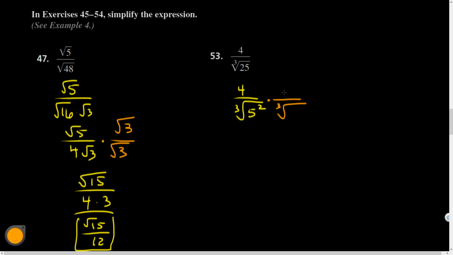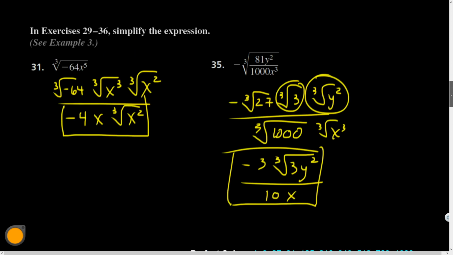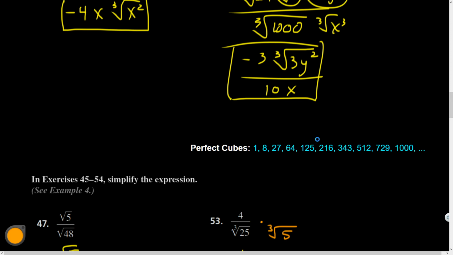So I want to multiply by something that will give me a perfect cube. If I'm clever, I could have even done it up here. I could have multiplied by the cube root of 5, because 25 times 5 will give me 125, which is a perfect cube.